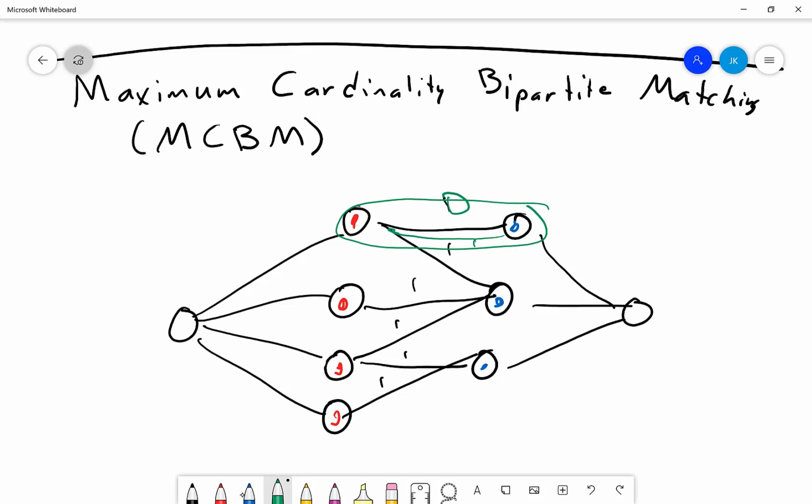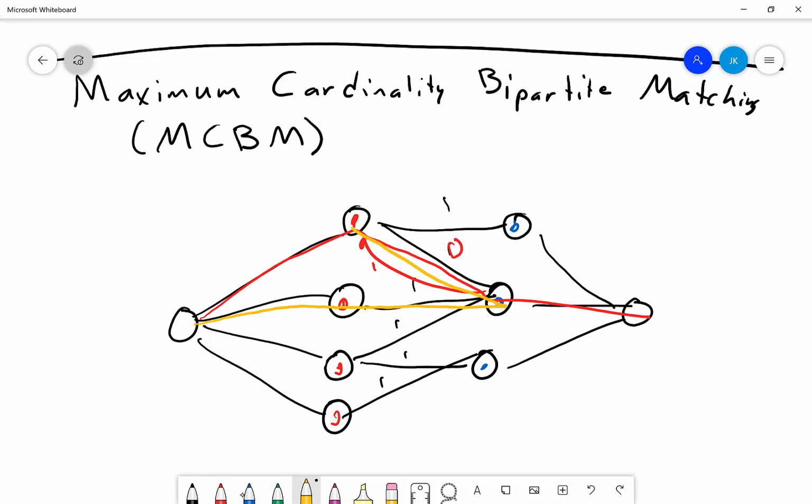So if you came through, in fact, I'll illustrate it very quickly. If I came through and the initial path that I picked was this path, notice that I would reduce the capacity here to 0, but I would also introduce a reverse edge with capacity 1. And so later on, when I came through to the next node, which I'll use in yellow, when I came along this path here, I could come here and go like that, and I could still get there.